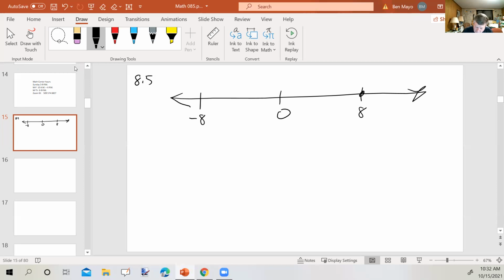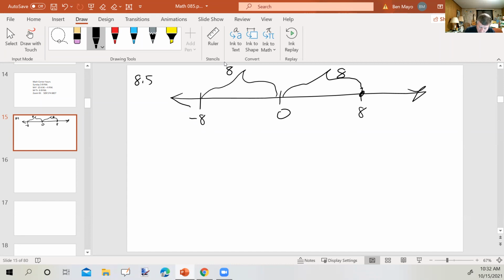The distance between 8 and 0 on the number line is 8. The distance between -8 and 0 on the number line is also 8 because distance is not negative. Distance is either positive or in the case of how far is it from 0 to 0, distance is 0.